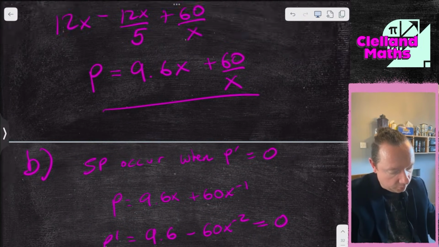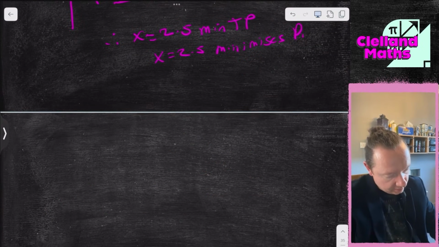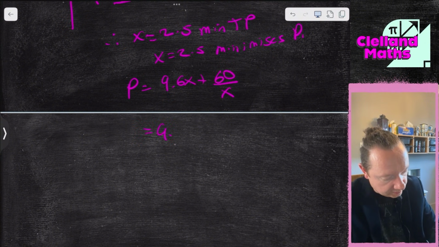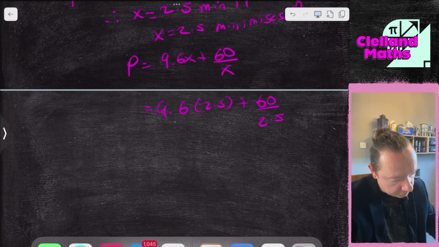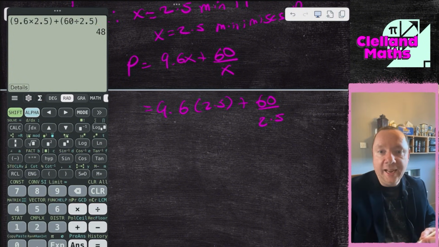What a perimeter was? A perimeter was 9.6x plus 60 over x. So that's 9.6 times 2.5 plus 60 over 2.5. 9.6 times 2.5 plus 60 over 2.5 is 48.